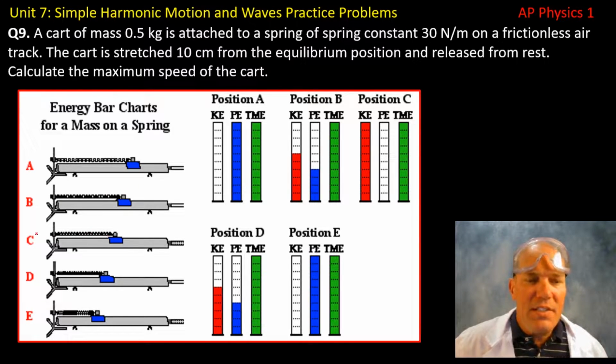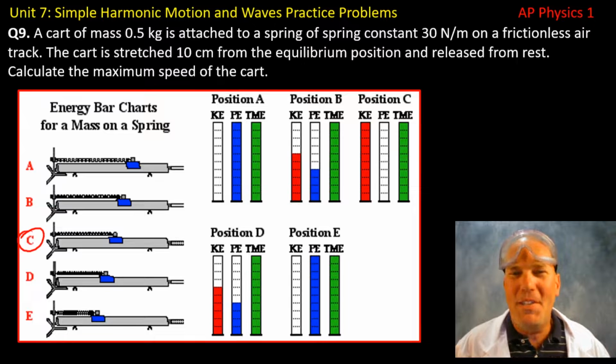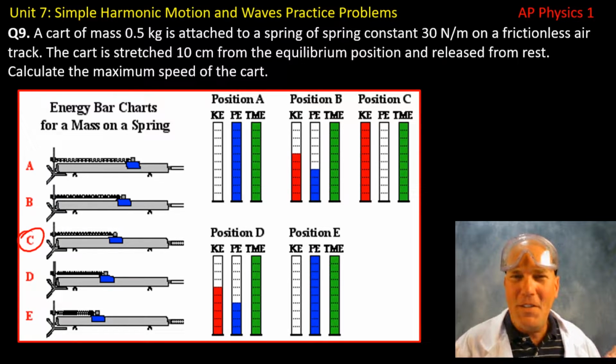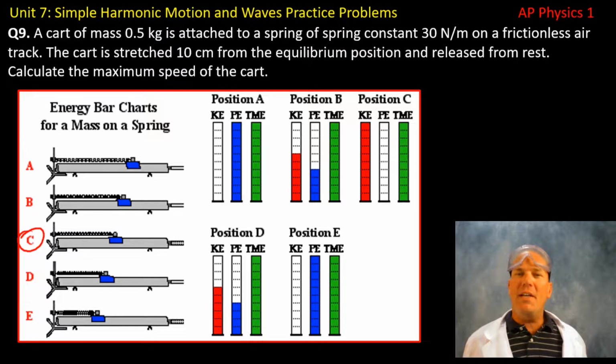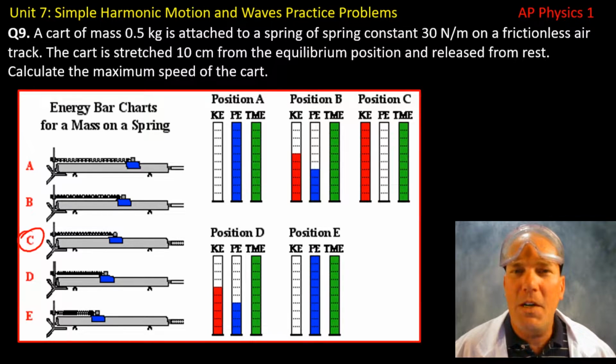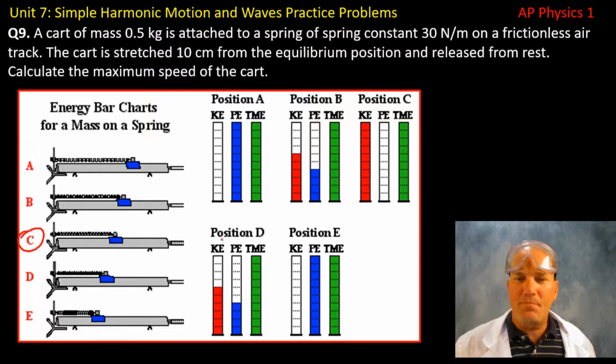At position C, that is where all of the spring potential energy is converted into energy of motion. So at position C, this cart will have its greatest speed because all 1/2 kx squared has been converted into 1/2 mv squared.